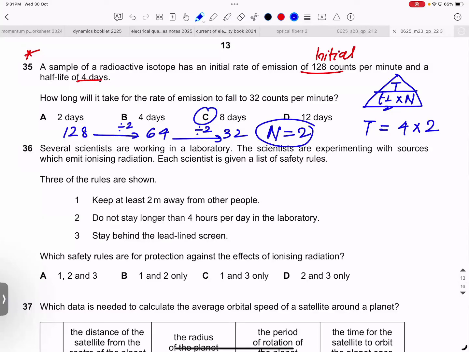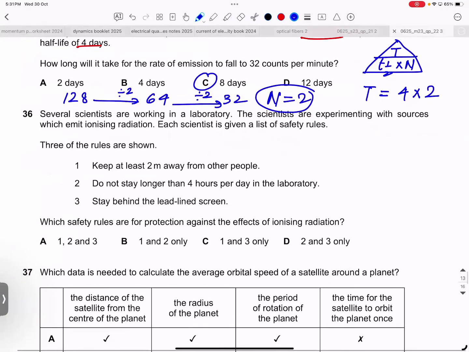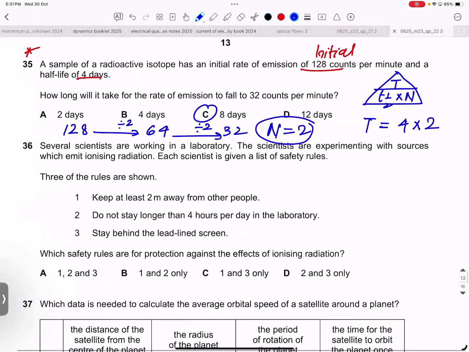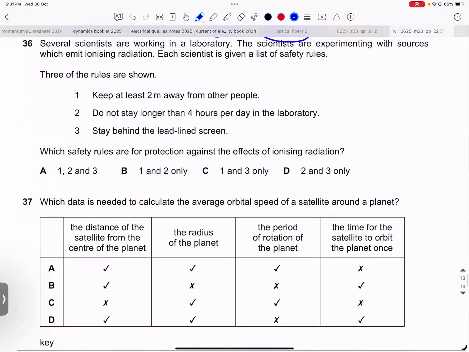Question number 36. You can pause if you want to see again. Several scientists are working in a laboratory. They are experimenting with sources which emit ionizing radiation. Each scientist is given a list of safety rules. Three of the rules are here.